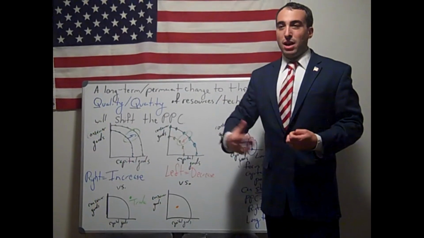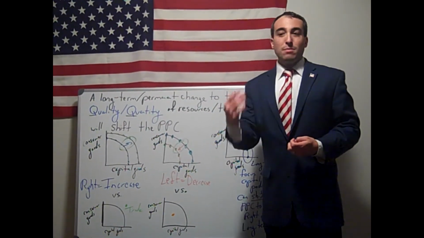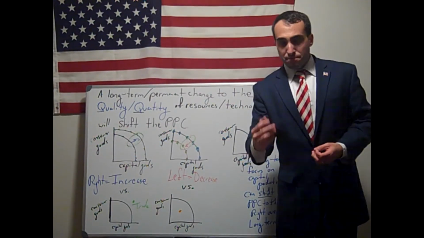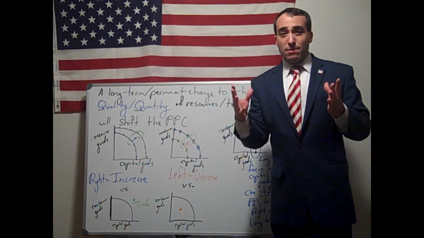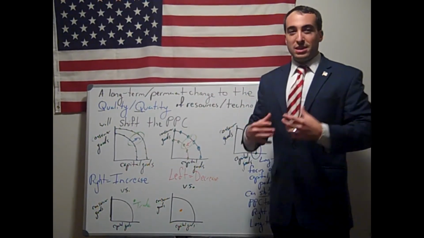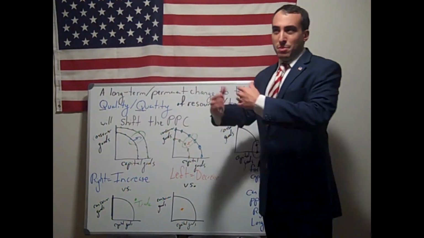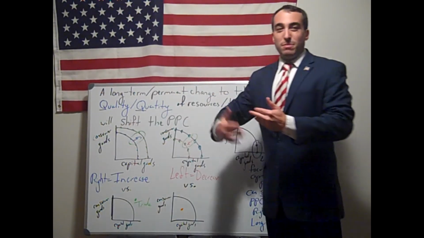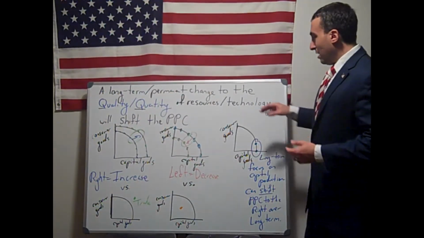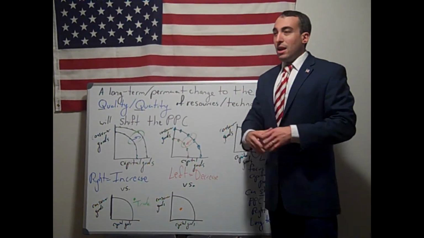We saw that when President Obama, during the stimulus plan, had a massive push towards green energy. It didn't work out with the Solyndra company, but it was the right idea. Let's try to invest in a new type of energy to potentially move the PPC forward. So government can do that.